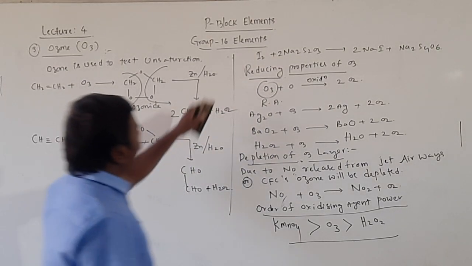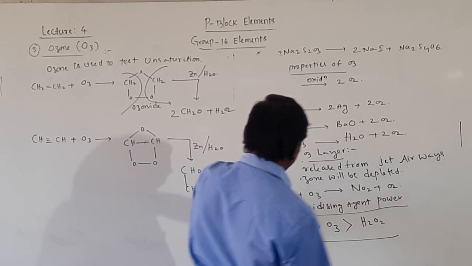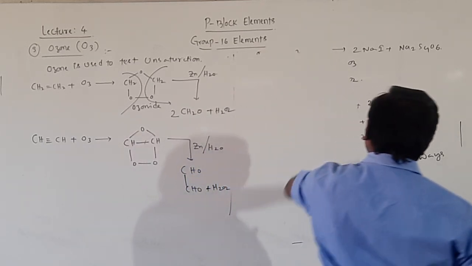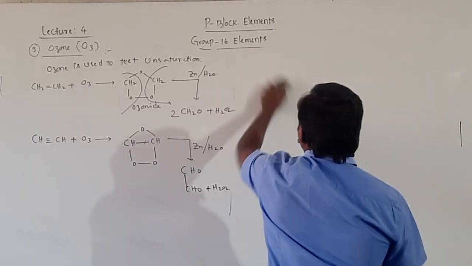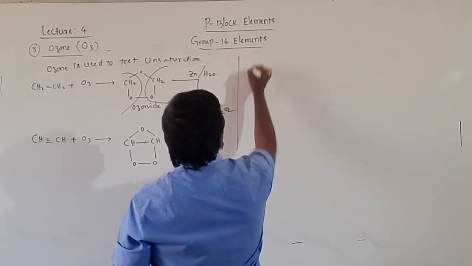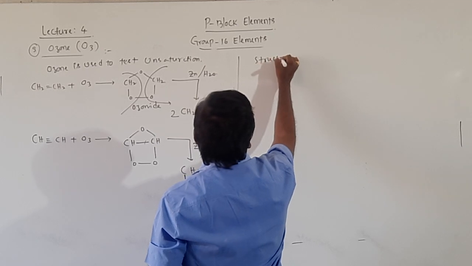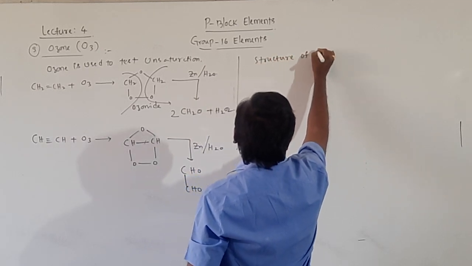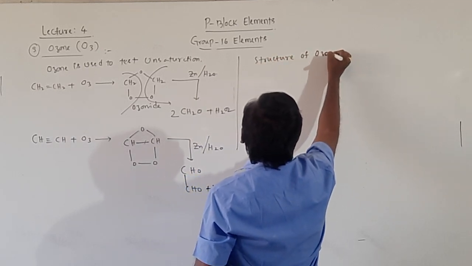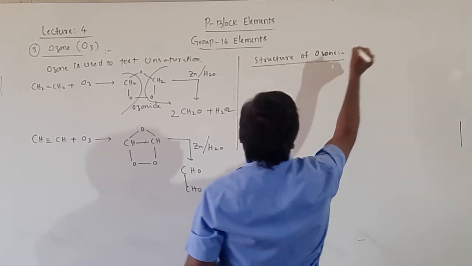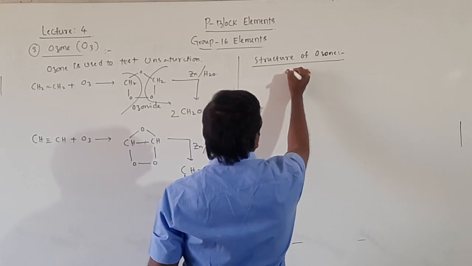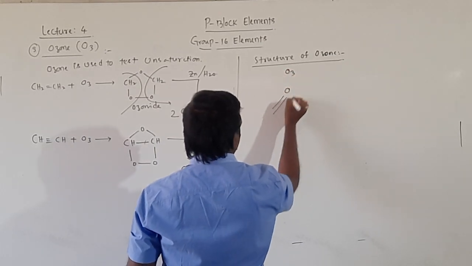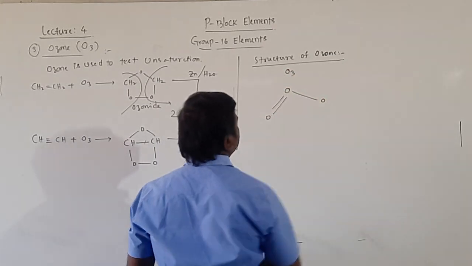Finally, the structure of ozone. The ozone molecule is O3, O=O-O.